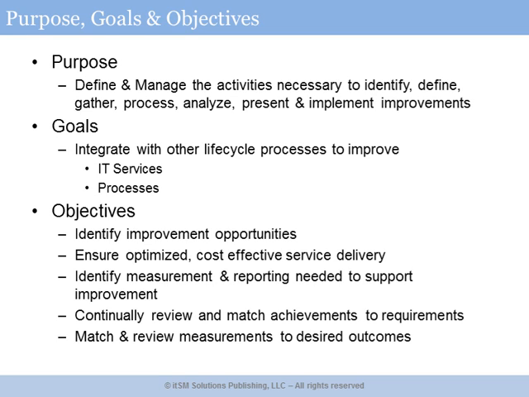In order to get there, we need to effectively design and manage the activities that allow us to assess what kinds of improvements we might want to make, gather and process information against those, do analysis and identify and recommend certain types of improvement activities, drive execution against those, and then use the feedback from those to drive the next rounds of improvements.